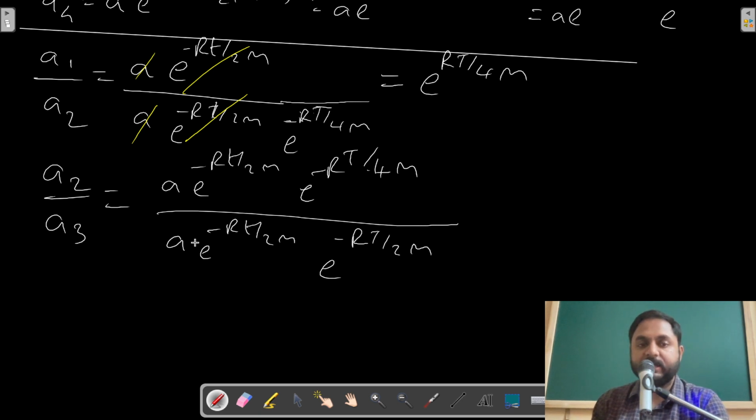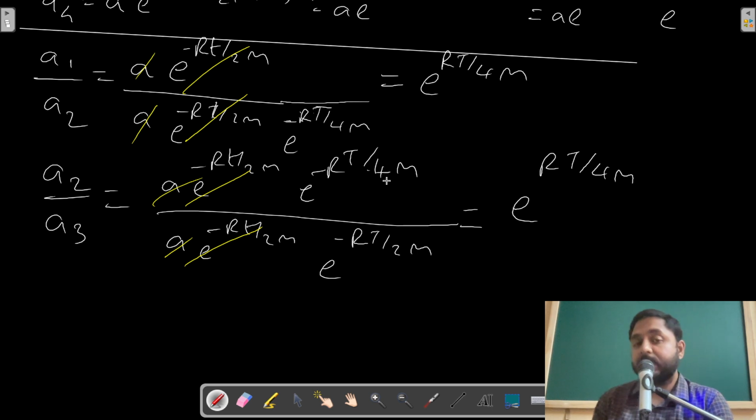Again, these two terms cancel out. This whole term cancels out, and what we get is the ratio of these two. This should become e raised to rT by 4m again. Notice that this is minus rT by 4m, and when this comes up, this will become plus rT by 2m. So minus into plus becomes minus. You take the subtraction, you'll get this.